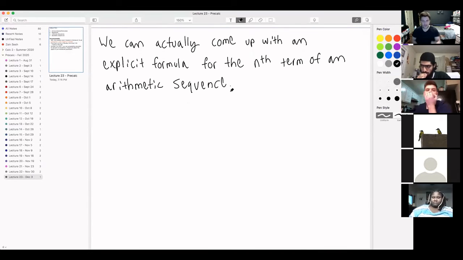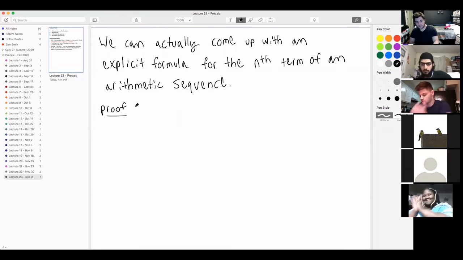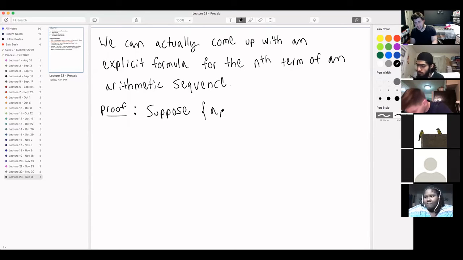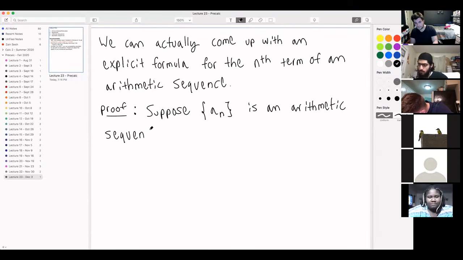This is really interesting. Here's the proof. I'm just going to show you the derivation of how you do this. First off, you start by supposing that a sub n is an arithmetic sequence with common difference d.